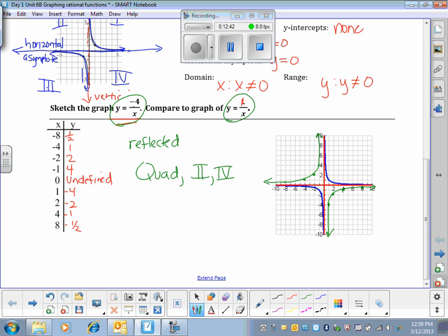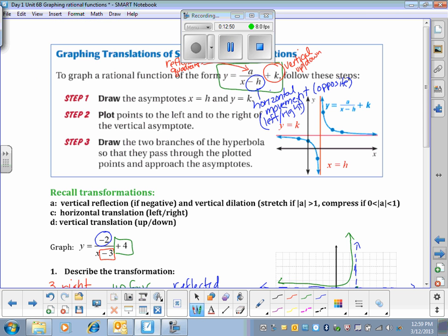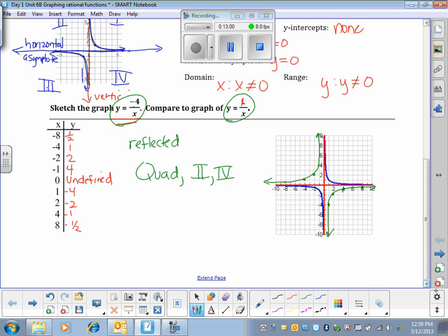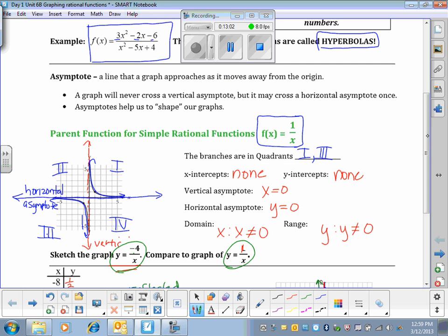See, it started here, but then it reflected because of the negative, and so it ends up in the second and fourth part. This is the parent one right here. So it starts in 1 and 3, and when it reflects, it goes to 2 and 4. Okay. That makes sense? Yeah, makes sense.